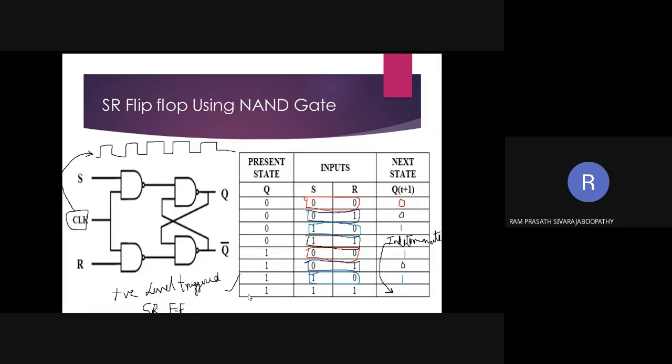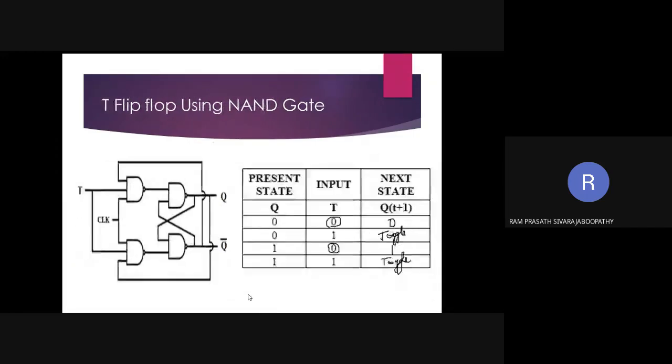Fine. First, I will take only one flip flop and give inputs using logic gates. Okay, then we will do it with an IC so that you can understand what I am doing. Now I am going to stop the presentation from the computer.